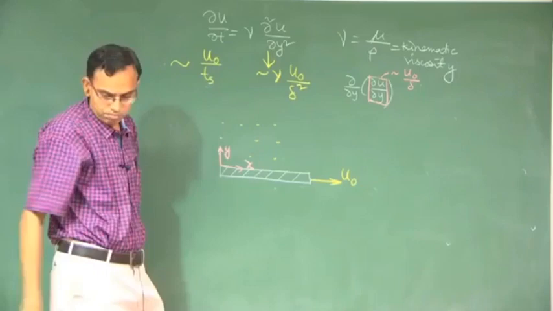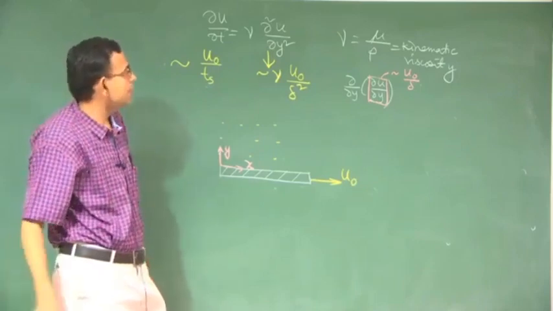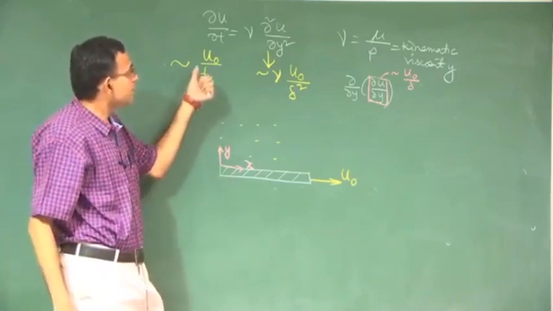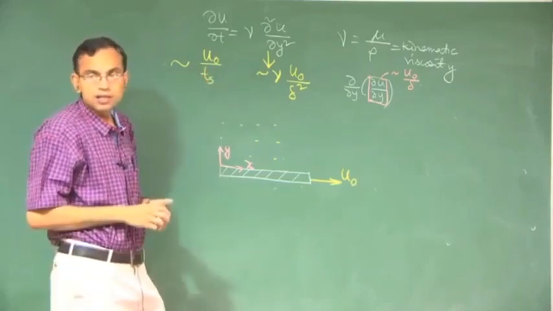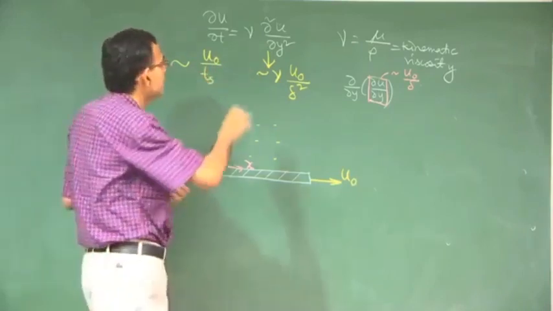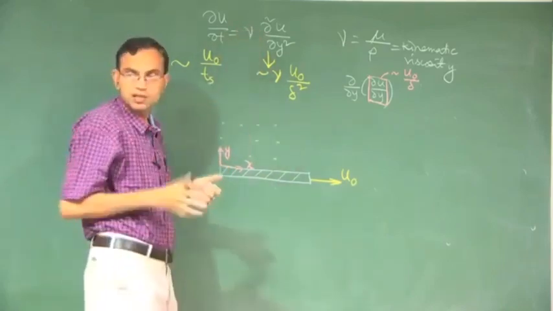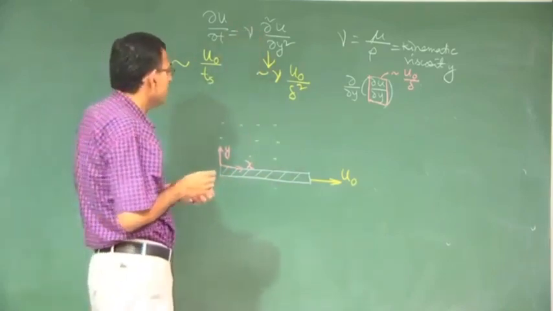So, now we can say one thing, that because these two terms are equal, they must be of the same order, because there is no other term to cancel these two terms in the momentum equation.